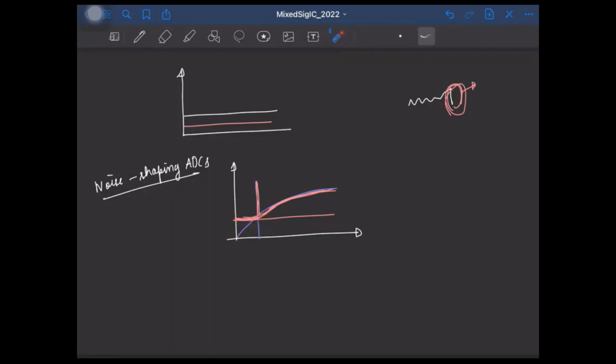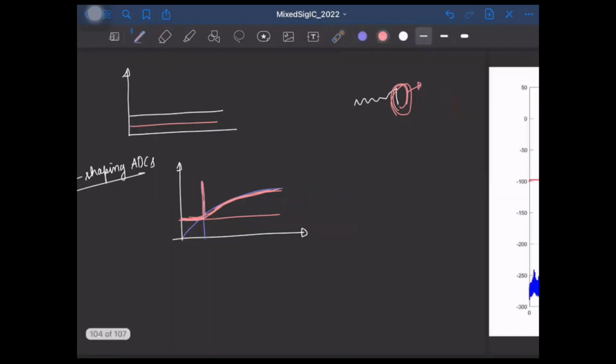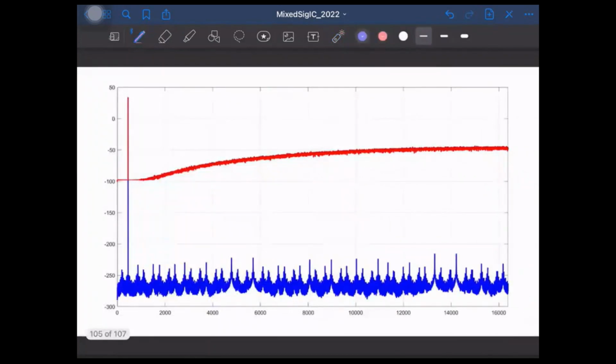To confirm this, let's look at some simulation results. This is just a pure sinusoid, and this is the spectrum of a pure sinusoid. Here I'm showing only one side, that is the one-sided spectrum.